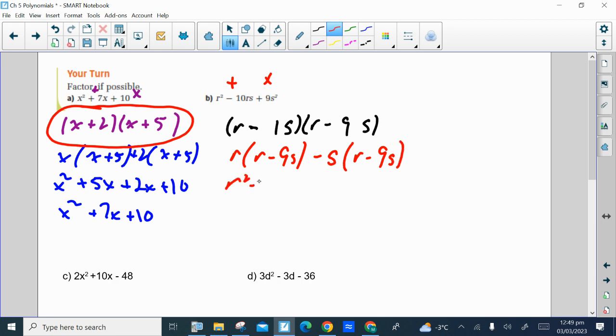So you're going to get r squared minus 9rs minus 1rs. Again, s times r is the same as r times s, plus 9s squared. When you collect those inside terms, negative 9rs, take away one more, will give you negative 10rs.